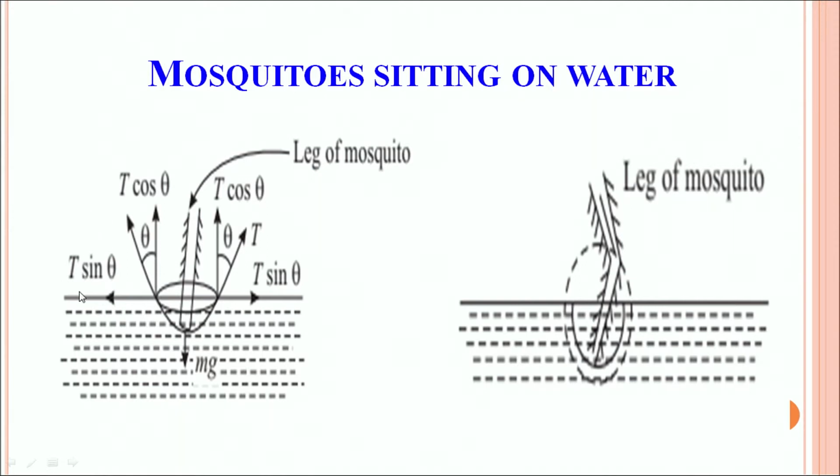Since the two T sin theta components are equal and opposite to each other, they cancel each other, and the force applied by the legs of the mosquito, given by mg, is counterbalanced by the T cos theta components, which are equal and opposite to mg. In this manner, the mosquito sits on the surface of the water.